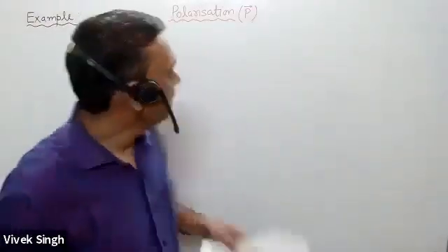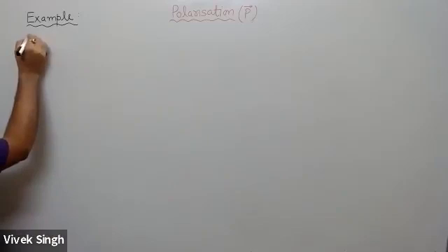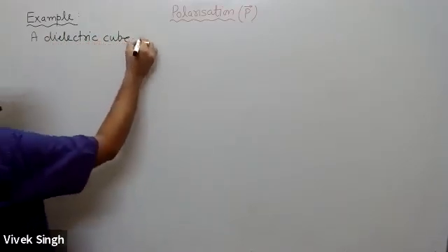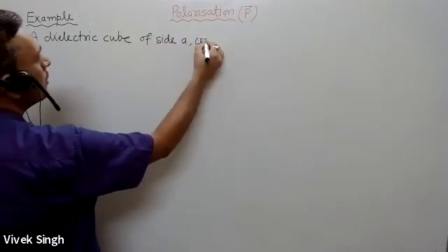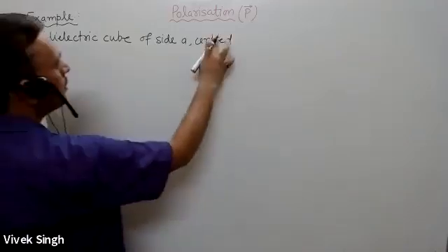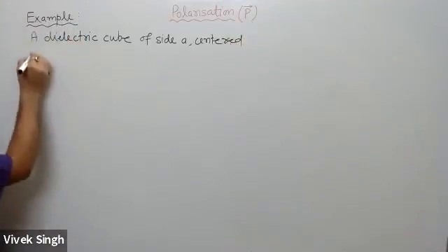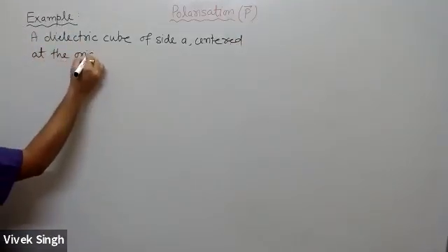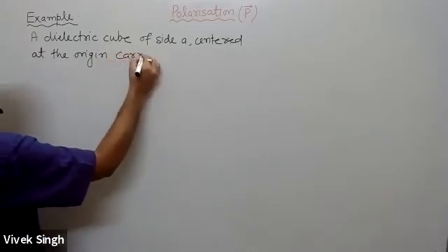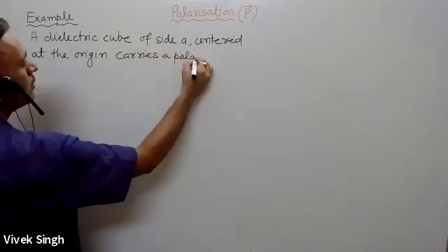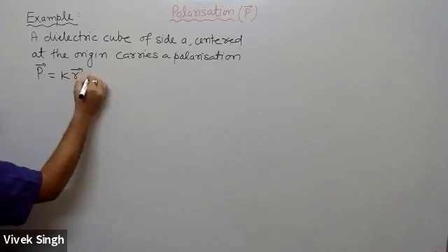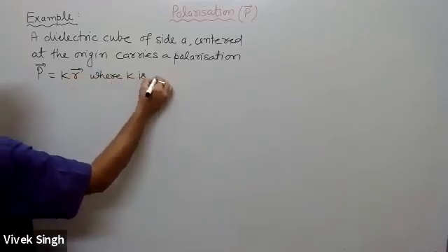Example. So in this example, you have a dielectric cube. Consider a dielectric cube of side A that is centered at the origin and carries a polarization P equals K times the position vector R, where K is a constant.